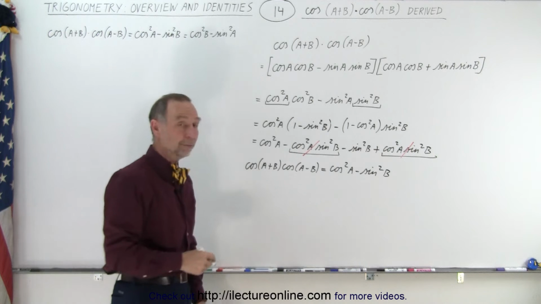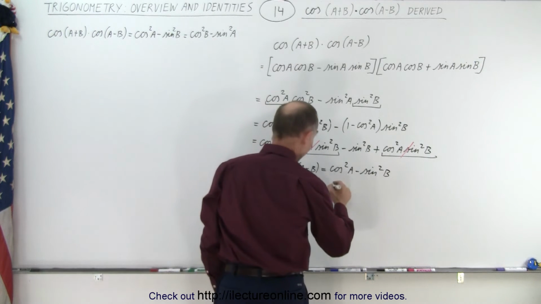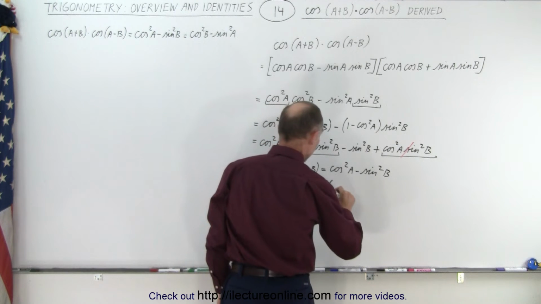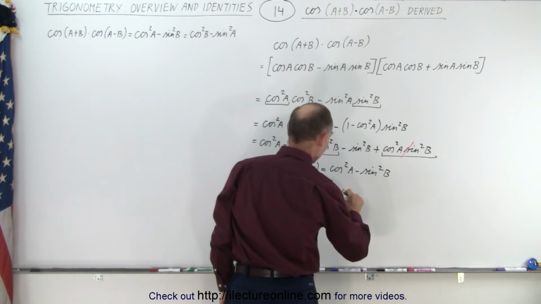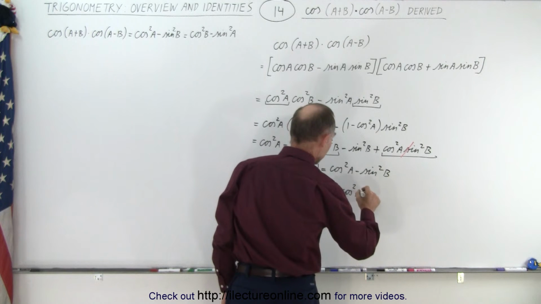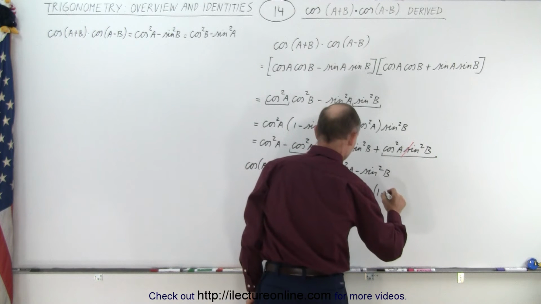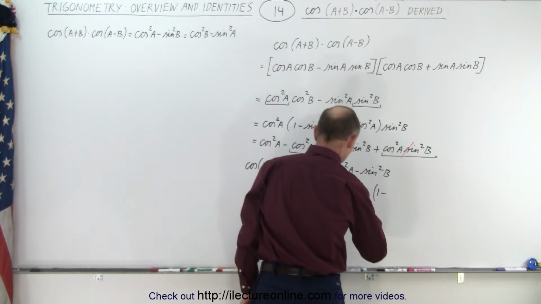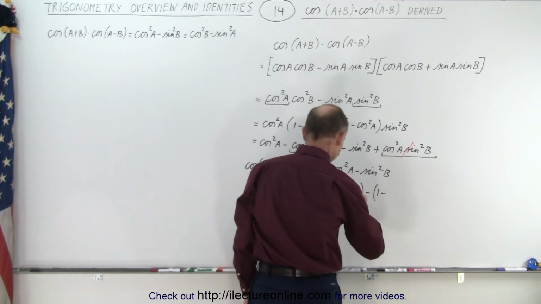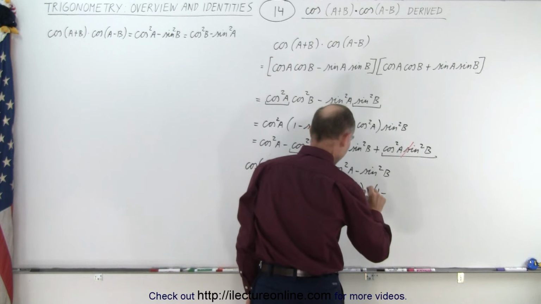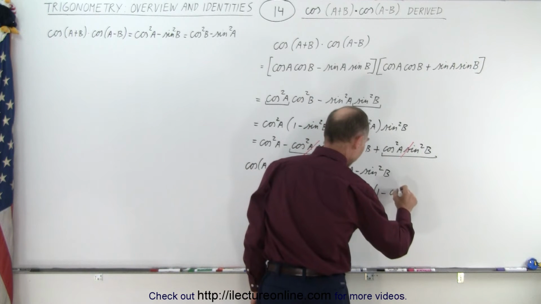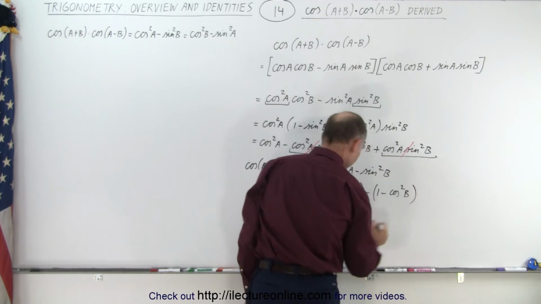Now to get the other form, we're going to replace these. This is equal to 1 minus the cosine square of A, minus 1 minus, I'm sorry, not the cosine, of course, that'd be the sine square of A minus 1 minus the cosine square of B. There we go.